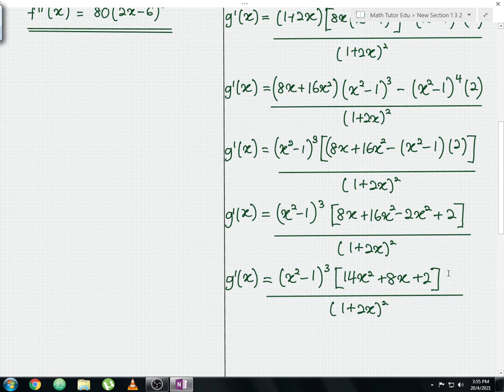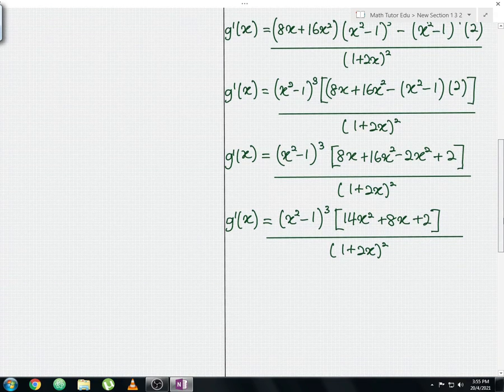So this is our first step, guys. We have already simplified this, so now we can proceed to find the g prime 0. From here your g prime 0 will be equals to 0 square minus 1 cube, and then you times with 14.